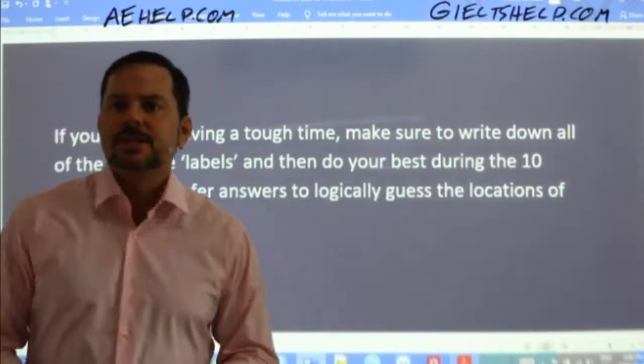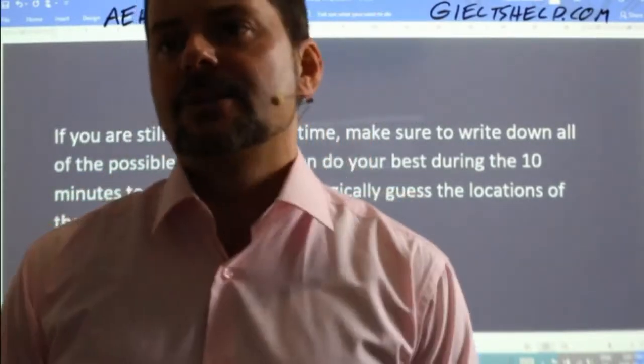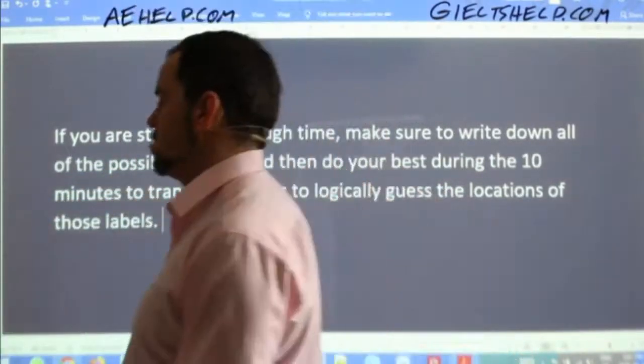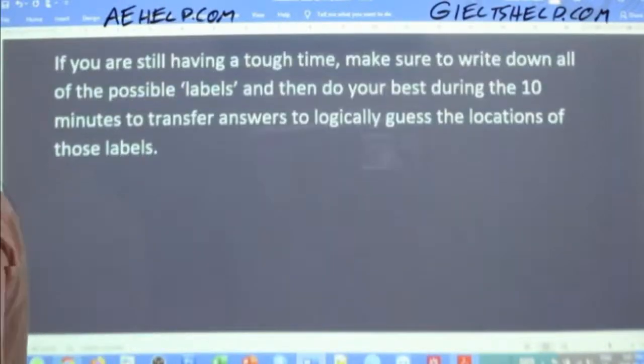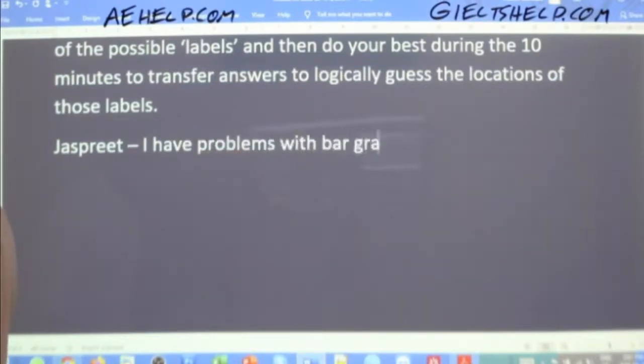Jaspreet Kaur says, I have problems in task 1, especially in bar graphs. Okay, Jaspreet, that's a good question. I'm going to give you a quick answer here. Jaspreet says, I have problems with bar graphs in task 1.